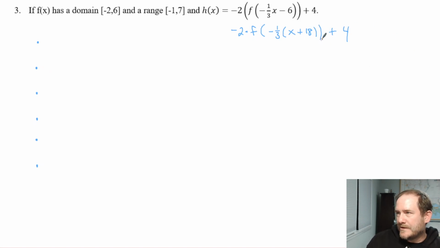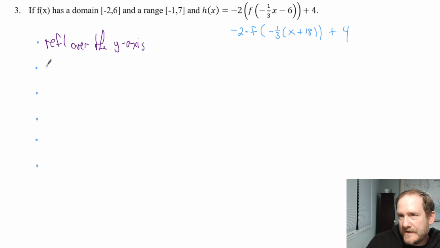So if I'm doing this my way, then I'm going to reflect first. And if I'm changing the sign of x values, then I'm reflecting over the y-axis. Then I have a horizontal dilation by a factor of.